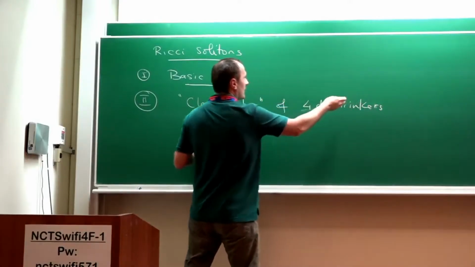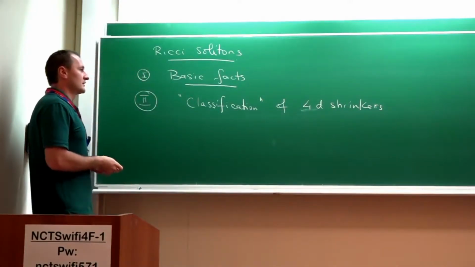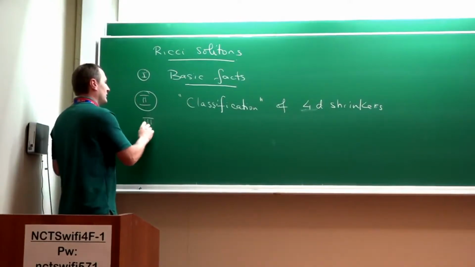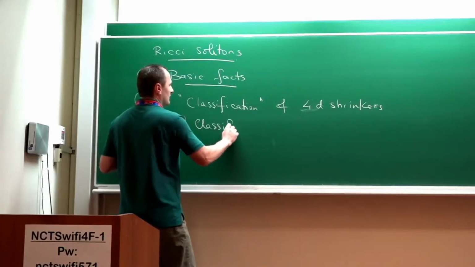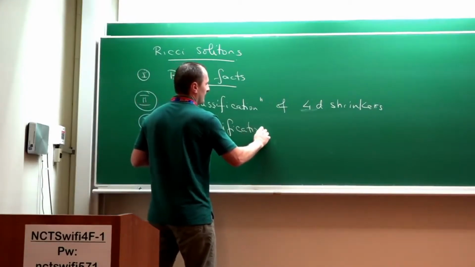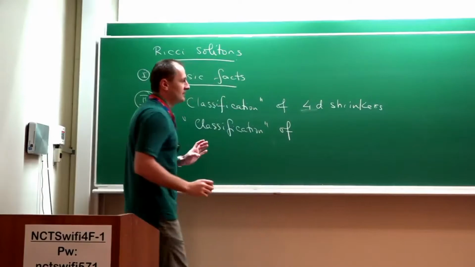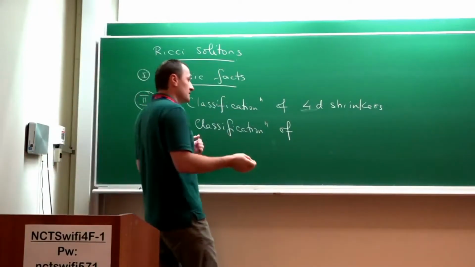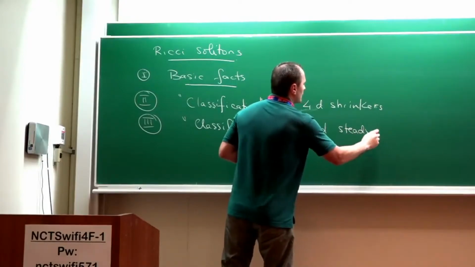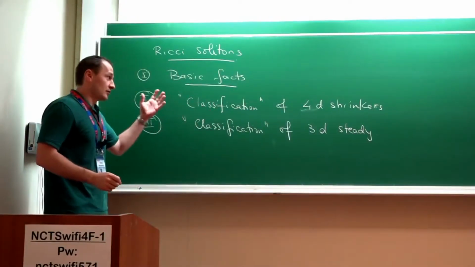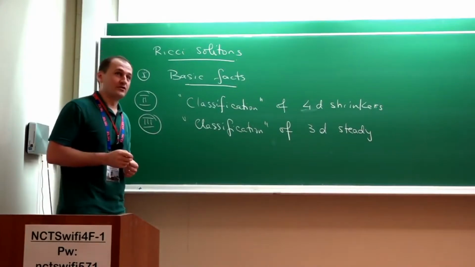So these are types of solitons. I'll explain in a moment the terminology. And the last part will be the same thing, and this will be steady. It will be 3D. So it's not done yet. I'm not going to announce that we finished the classification.